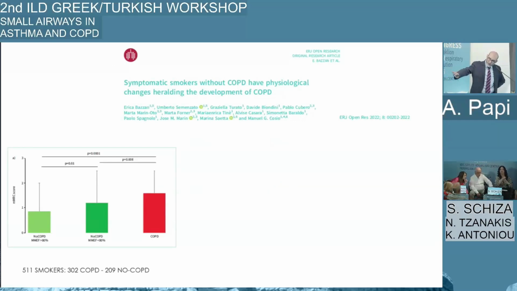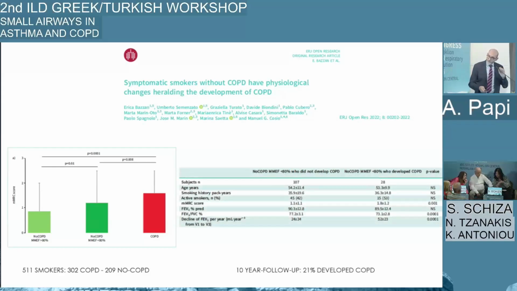So already in patients at the very initial stage of smoking history, without having fixed airflow limitation, they have a worse mMRC score.